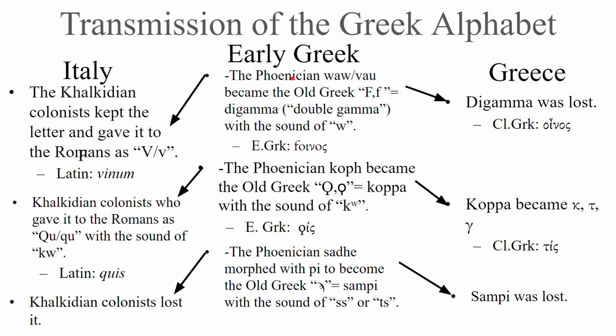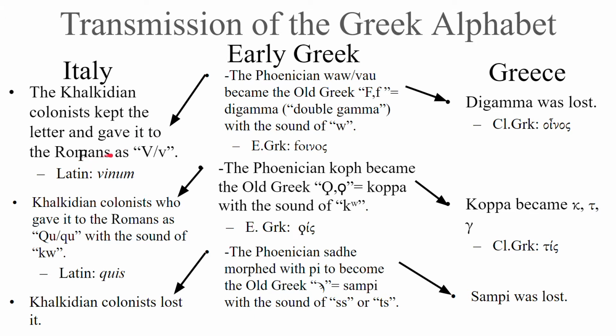Now the Chalcidians, the colonists, left Euboea pretty early on. So they carried their version of the alphabet with them, and their version had the digamma in it. So when they went to Italy and Cumae, they were still using the digamma. They were cool with the digamma. So in the end, the Romans ended up with a letter that was kind of like the digamma.